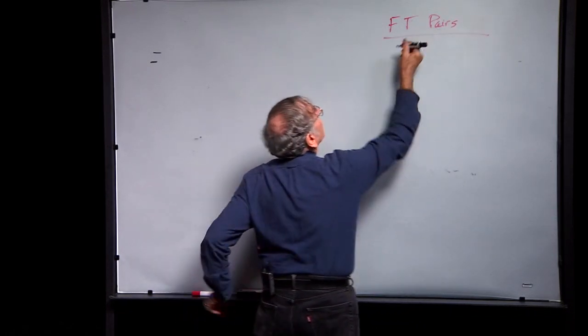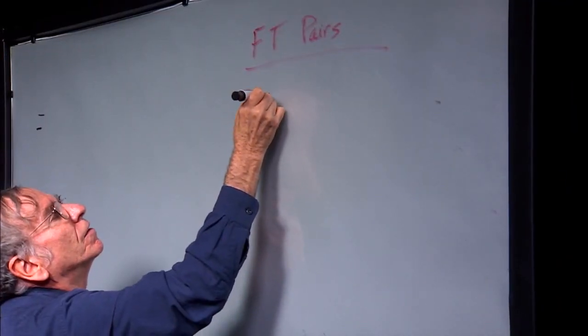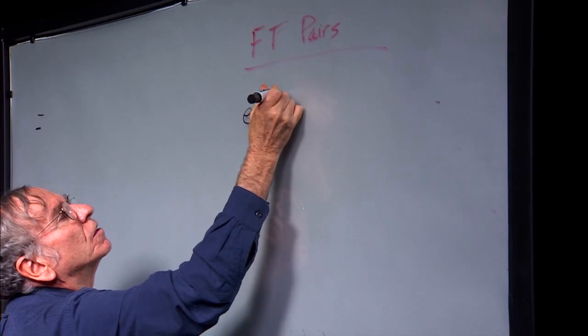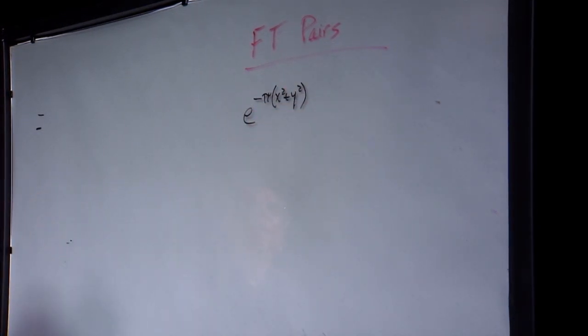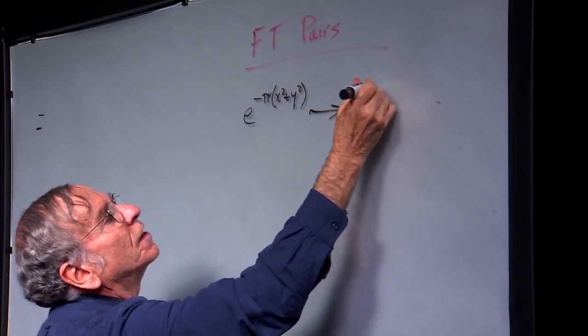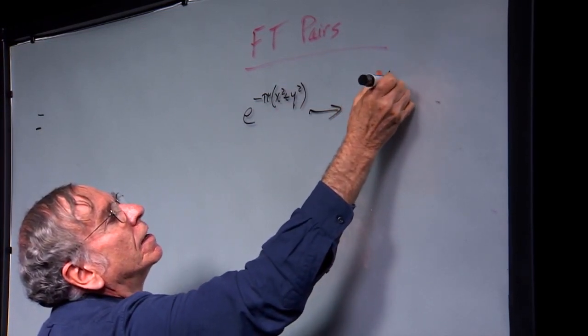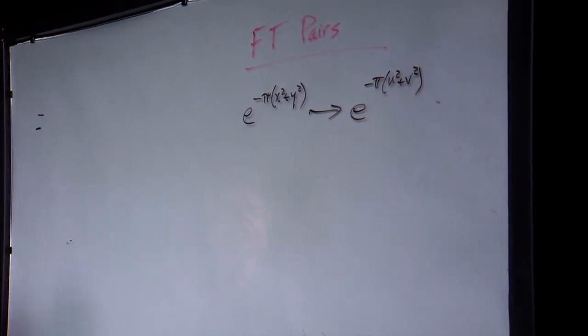And so what I just demonstrated to you here is that if I have a two-dimensional Gaussian function, which looks like this, it transforms into a two-dimensional Gaussian function like that. So you can see that this is very similar to what we did before.